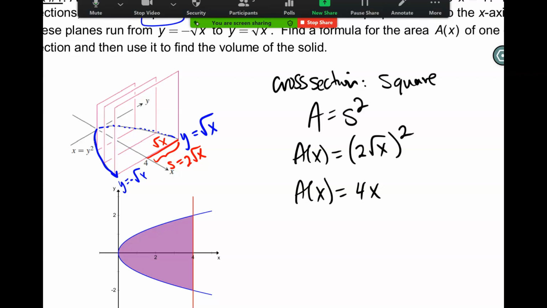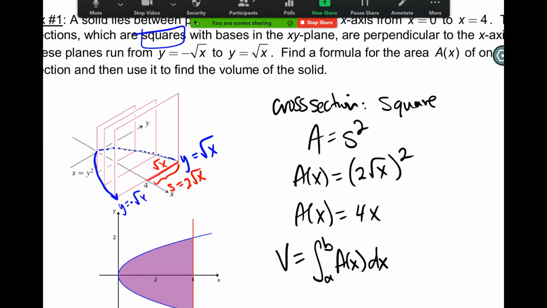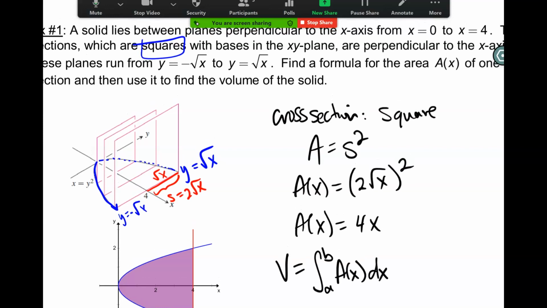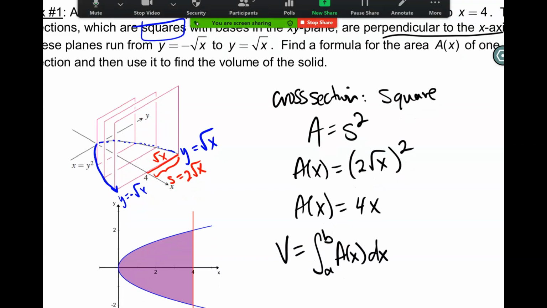So our area is 4x. Okay, so to find volume, we're going to take the integral from a to b of our area function times dx. So we are perpendicular to the x-axis. So we're taking the upper minus the lower.